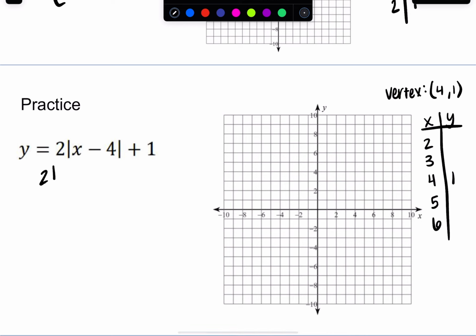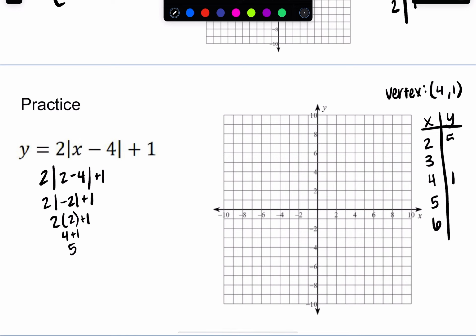So if we have 2, and we plug it in, that's going to be 2 times the absolute value of -2 plus 1. Please make sure you do not distribute into the absolute value. Remember what I said about absolute value bars being like a fence. You can't get past them. You can get rid of them, though, by taking the absolute value.